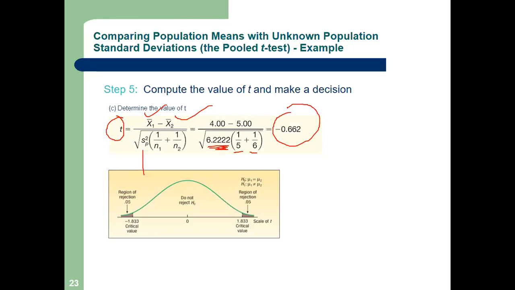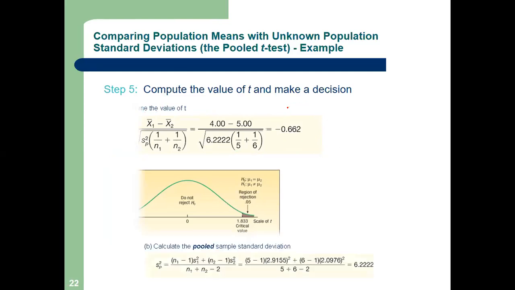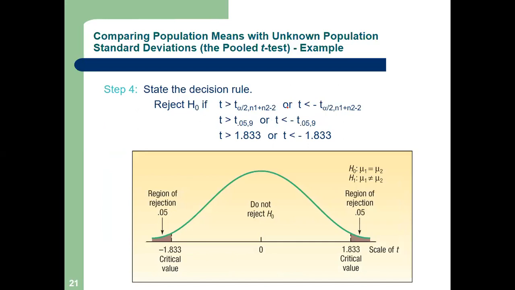Now we are in step 4. Let me go back to step 4. Now if you find the T value from the T table, you will get 1.833. We have seen the T value many times. So my T tab is 1.833.